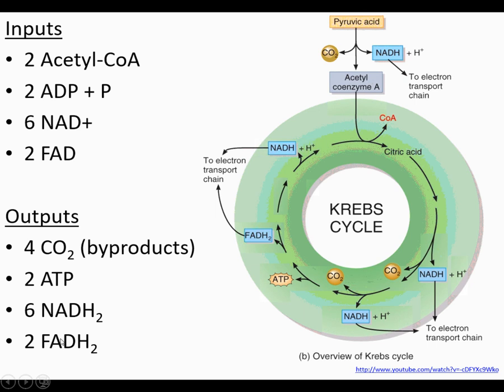Why is our figure only half of what's listed over here? Because it happens twice. Remember, there were 2 pyruvic acids from our original glucose molecule. Remember that? Make sense? All right, let's watch a clip on that.